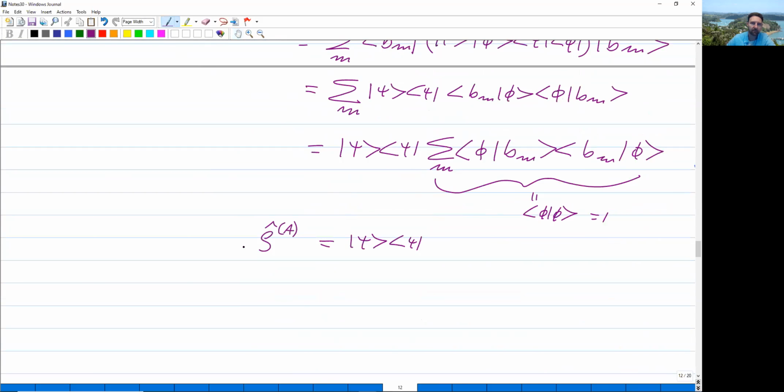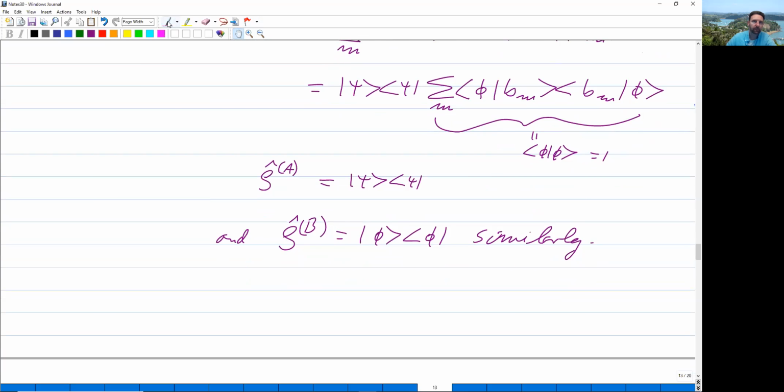And similarly, of course, we obtain that rho hat B is equal to |phi⟩⟨phi|. So far so good. This is for pure states that are unentangled.